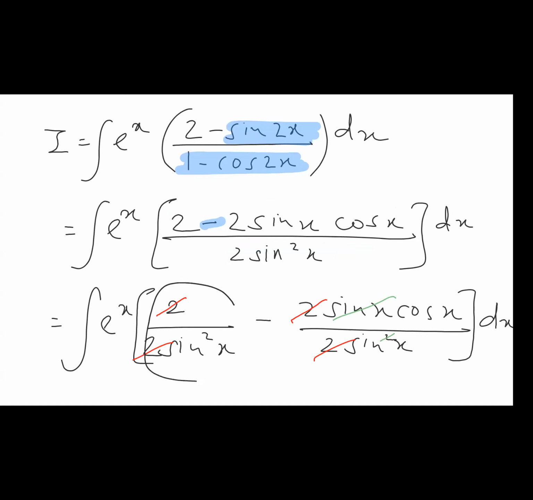What about the first term? What should I write the first term as? Can anyone tell me? 1 upon sin square x. 1 upon sin square x can be written as cosec square x, the reciprocal of sine.